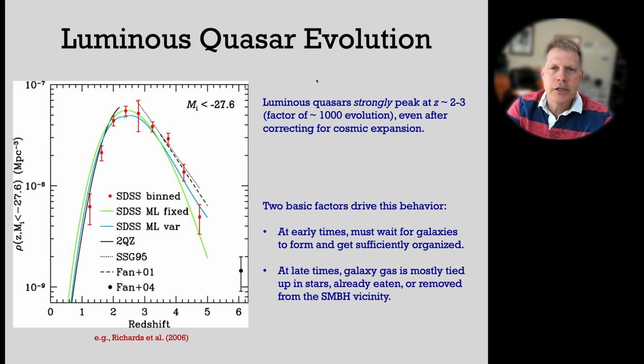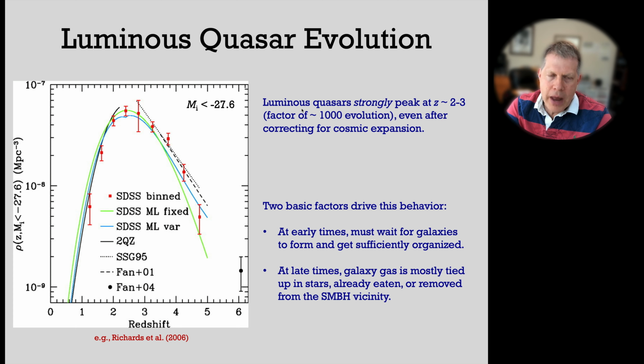And here is one of the most important results that emerges from studies of the evolution of luminous quasars. I'm just showing one example here from Richards et al., and there are many other extremely high-quality studies showing similar results. But one of the main results that emerges when you investigate the evolution of luminous quasars is that they strongly evolve over cosmic time. And again, this was known since the late 1960s.